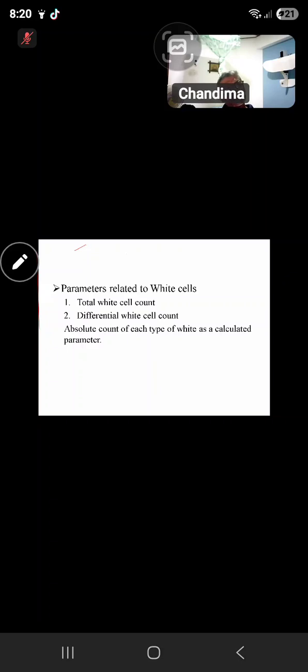Even in some leukemic conditions, the white cell count is going to be decreased. In viral conditions, the white cell count is going to be decreased, right? At that time, the count may show a mild decrease, moderate decrease, or marked decrease. If it goes beyond 1000, it is named a marked decrease of white cells, right?